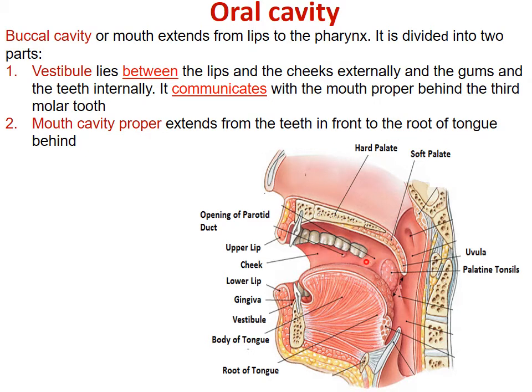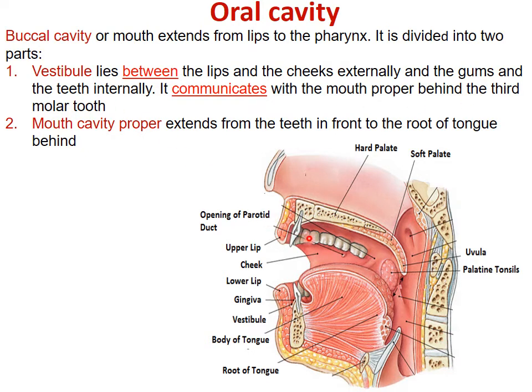So what is remaining, where the tongue is located? From the right-sided row of teeth to the left-sided row of teeth, the whole space between the two sides of teeth, which also contains the tongue, is called the mouth cavity proper, right? And both these cavities, the vestibular space and the mouth cavity proper, communicate behind the third molar tooth.